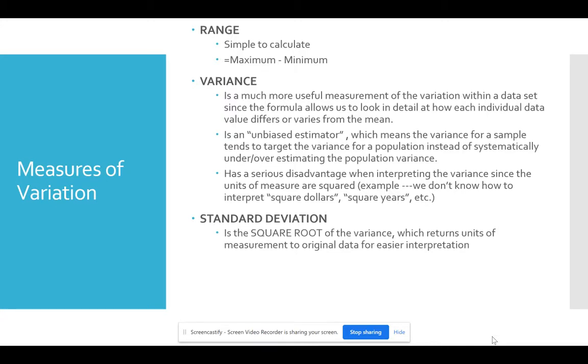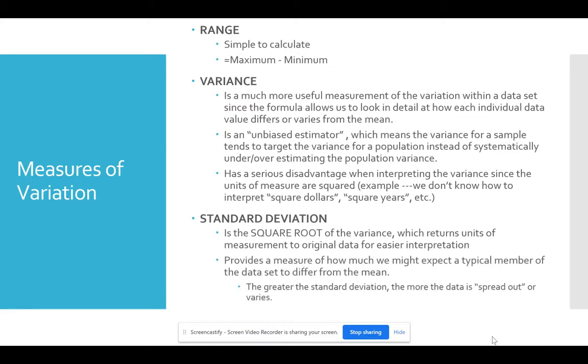And it is literally, by definition, the square root of the variance. And once we take the square root, our units return to the original. So now we can go back and talk about dollars or years in the original context, which makes it easier for interpretation. So of these three, we tend to use the standard deviation more often than any of the others.